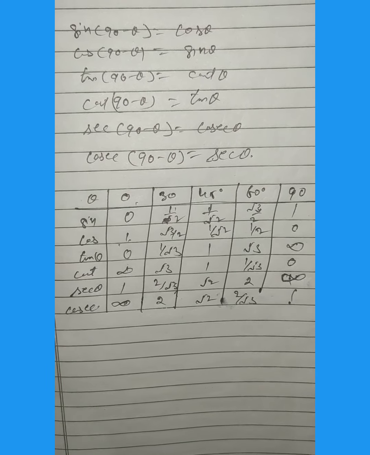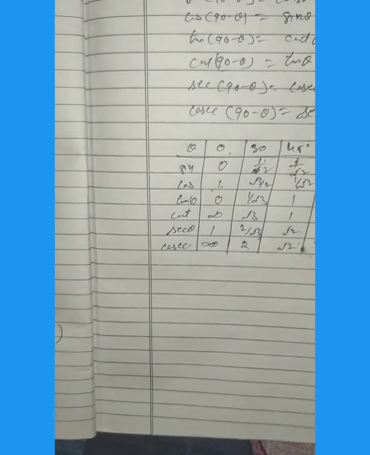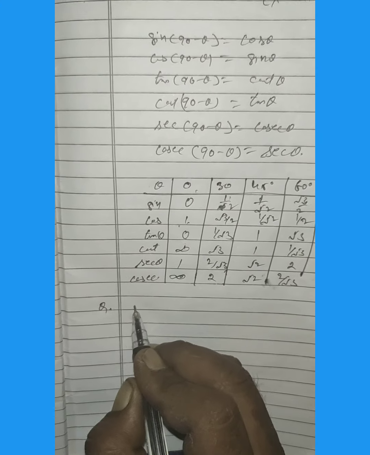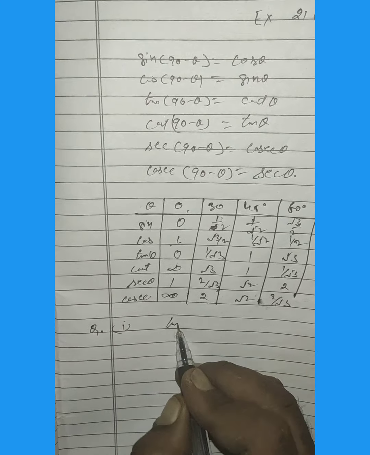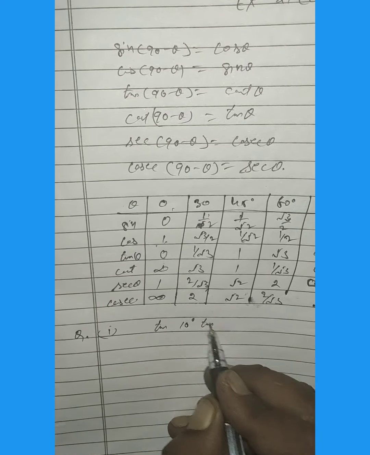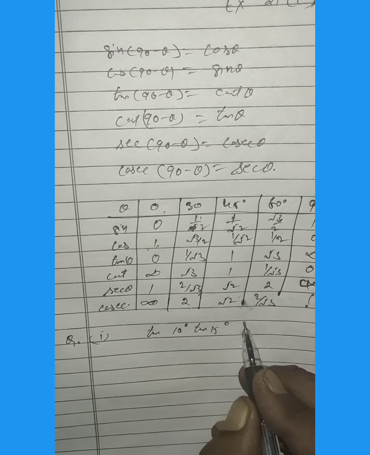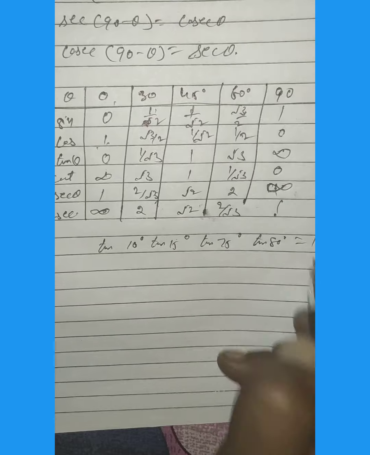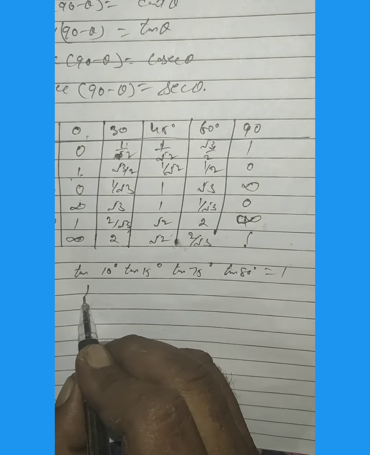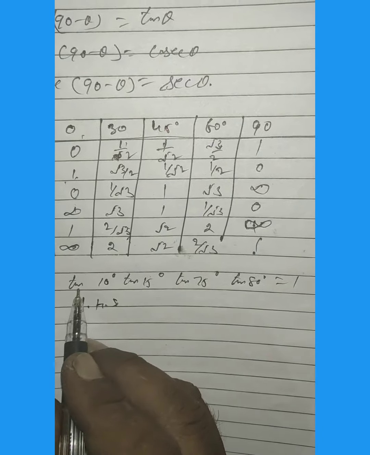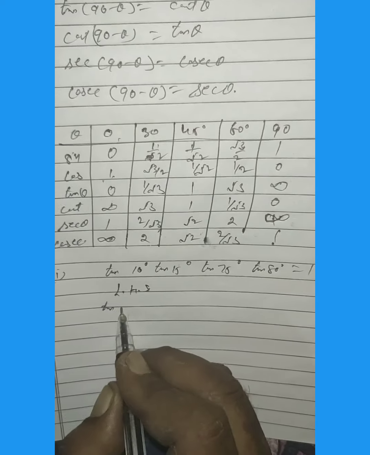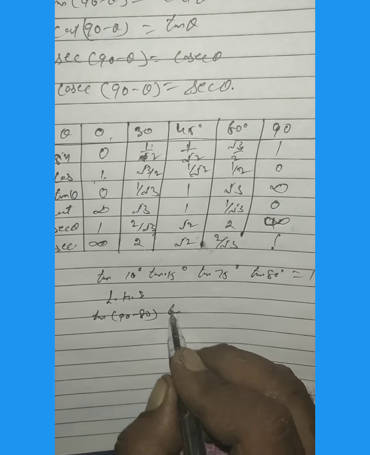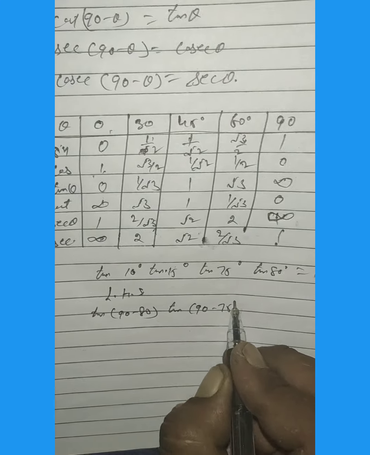Now there is the first question. Without using the trigonometric table, we have to show that tan 10 degree, tan 15 degree, tan 75 degree, tan 80 degree is equal to 1. So you can choose the left hand side. Tan 10 you can write as tan(90 minus 80), cot 80, and tan 15 as tan(90 minus 75), cot 75.